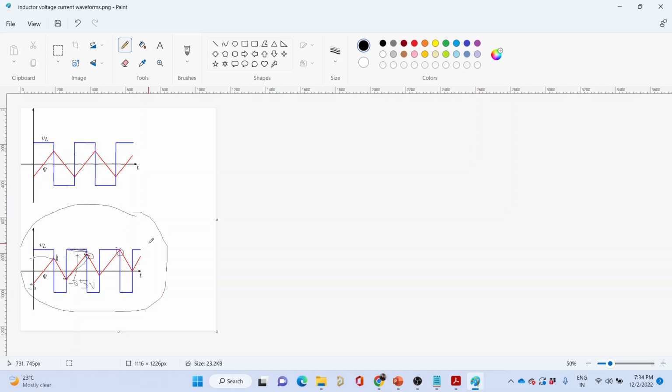What I have just discussed, right, V equals N d phi by dt. This you understood. So if phi becomes constant now, what is the voltage across the inductor? Phi has become constant, so the differentiation of a constant is zero. Voltage will go to zero. That means it is acting as a short circuit.